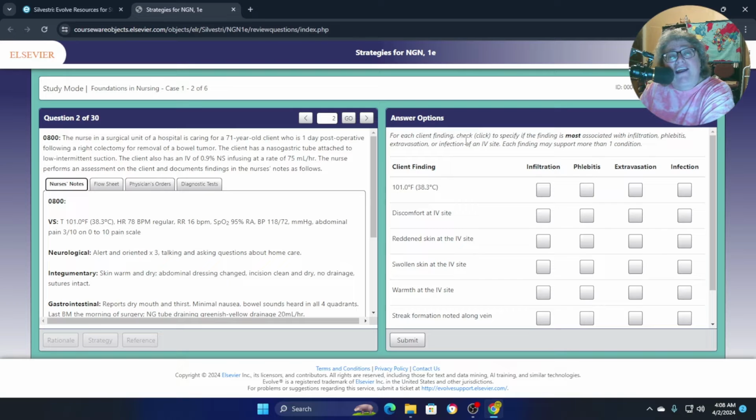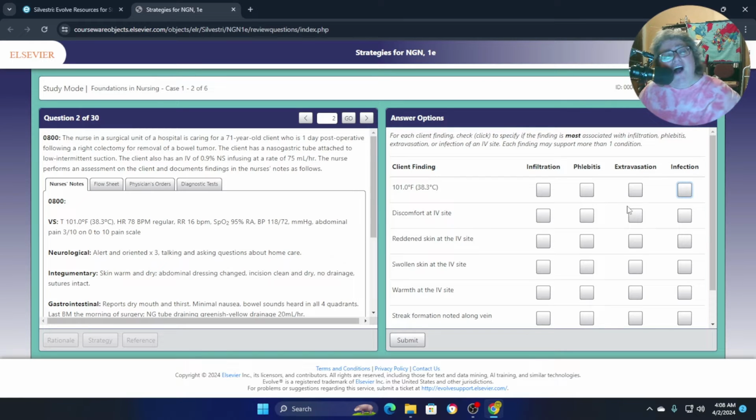For each client, check to specify if the finding is most associated with infiltration, phlebitis, extravasation, or infection of an IV site. Each finding may support more than one condition. So extravasation is just fluid going from one area to another area. Now when you do these types of questions, it could be one or it could be all of the answers, right? So the way to think about this is basically connecting the dots.